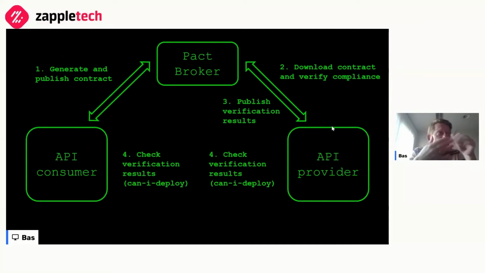Or basically, to rephrase it, is it safe to deploy? Can I deploy? That's literally the name of the tool in the Pact ecosystem that you can use to query the Pact broker to see whether, with the current state of our contract testing, there are any potential integration issues that might break something in production.